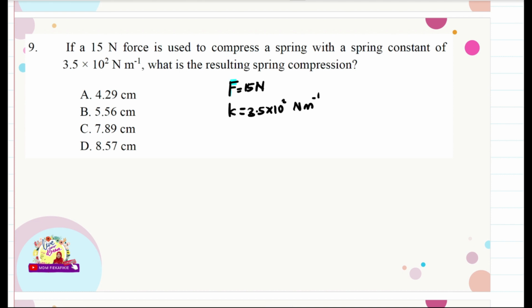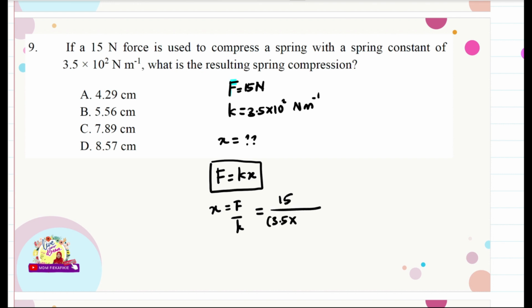Then we want to calculate the compression X. So which formula can we use? Only one formula we can use. We know F is equal to Kx, so we can relate them. So X is equal to F over K. Very easy, you just substitute. F was 15, K is 3.5 times 10 to the power 2. You will get 0.0429 meter. Why meter? Because this is Newton per meter. Okay, the answer is in centimeter, so the answer is 4.29 centimeter.